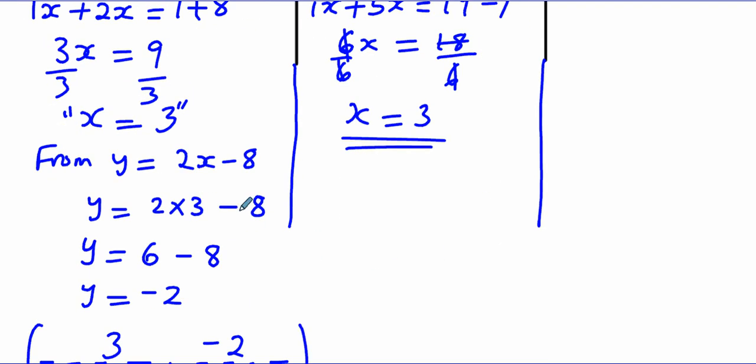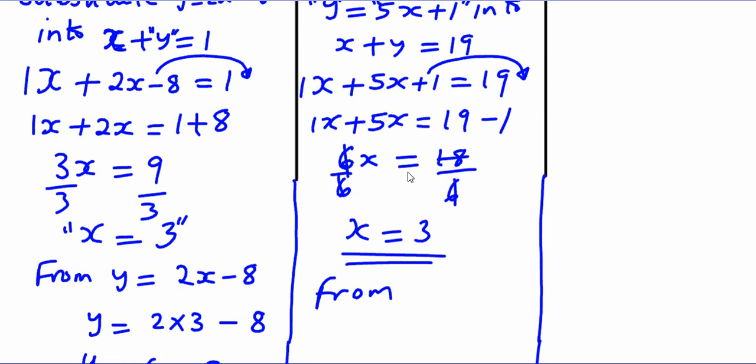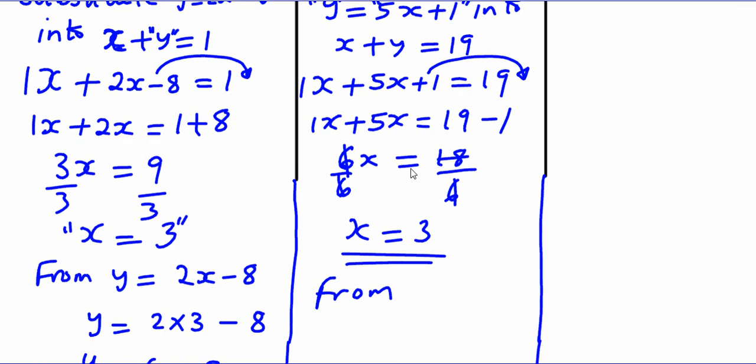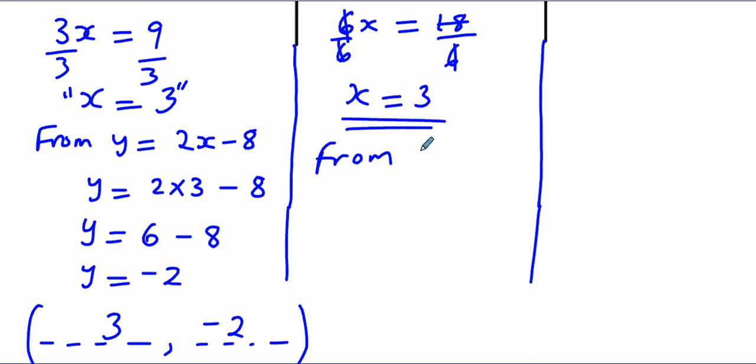How about y? From the equation which has got the letter as the subject, that is y equals 5x plus 1, we have y equals 5 times 3 plus 1.